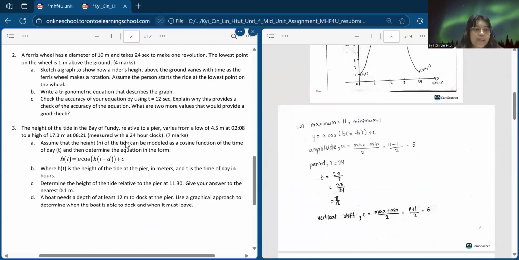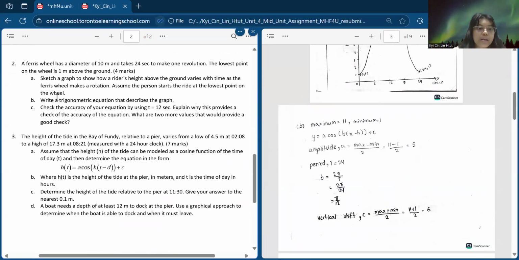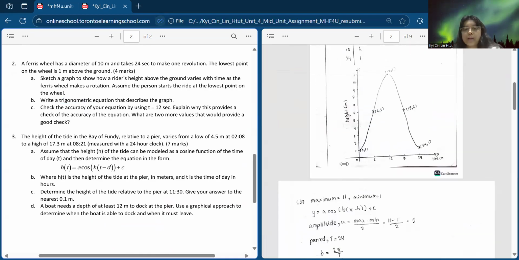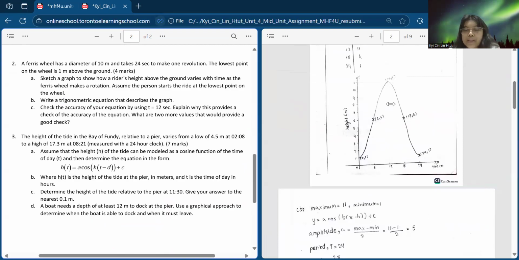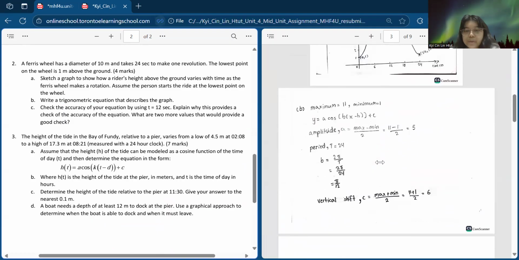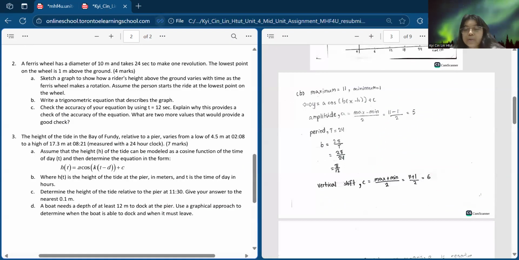Now let's go back to the question, and it says, write a trigonometric equation that describes the graph. Okay, so to write the equation, we know that the maximum is at 11 and the minimum is at 1. So that's what I wrote, and then I also used the cosine function model here. Amplitude, I searched for it.